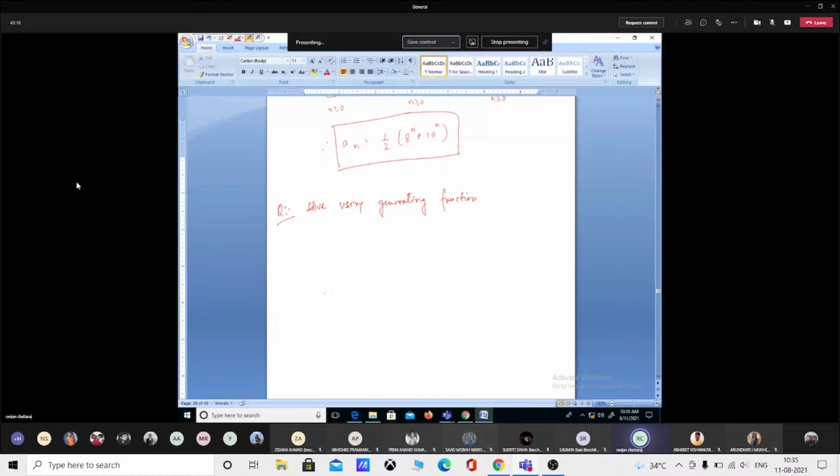The recurrence relation is an equals n minus 1 into an minus 1 plus n minus 2. Okay, solve it.